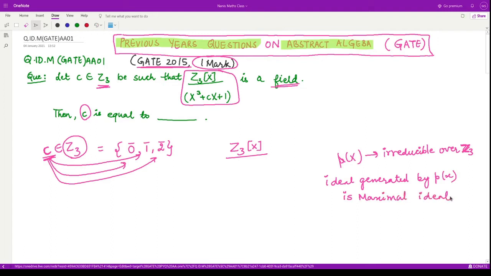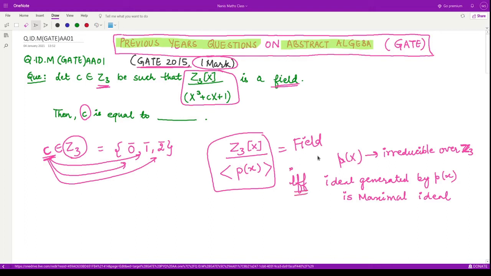And if you have something like this, then this structure forms a field. So this is a two-way result, if and only if.